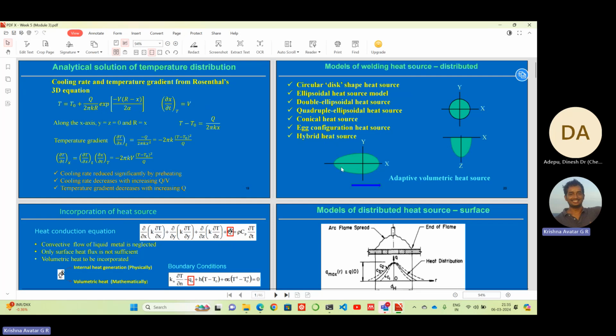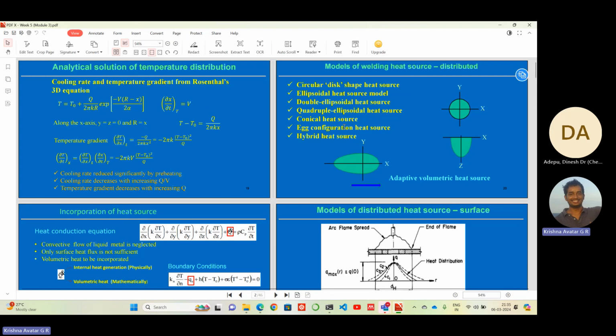It's a combination of four quadrants of different ellipsoids, ellipses. This will be a quadrant of one ellipse, this a quadrant of another ellipse, this one the third ellipse and the fourth. That's why we call it the quadruple ellipsoidal heat source.